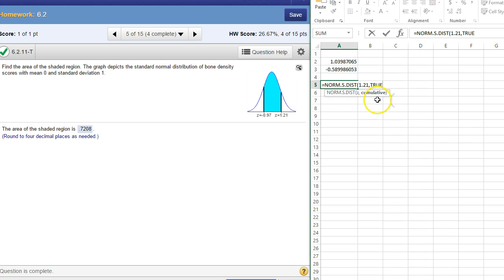Then we're going to subtract the same thing, standard normal, and then give it the lower one, negative 0.97, comma, it is cumulative, true, and then hit enter. And there's that 0.7208.